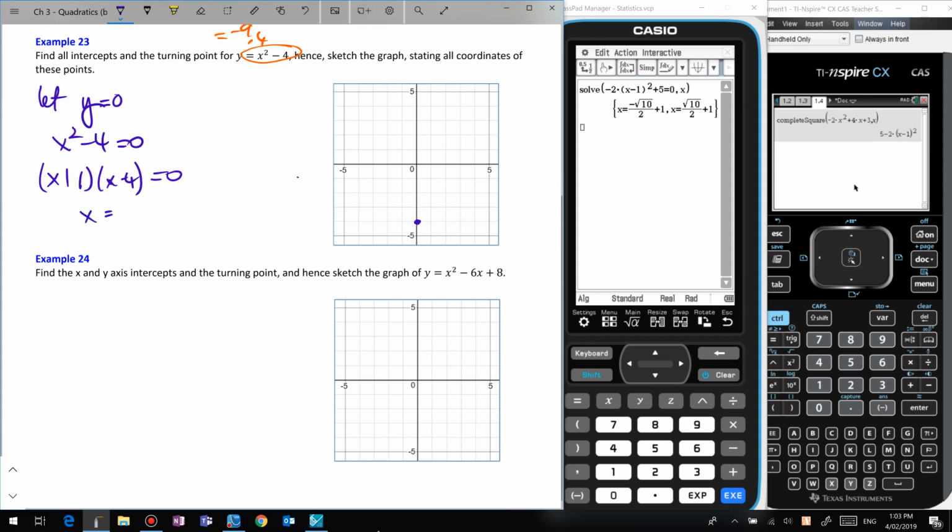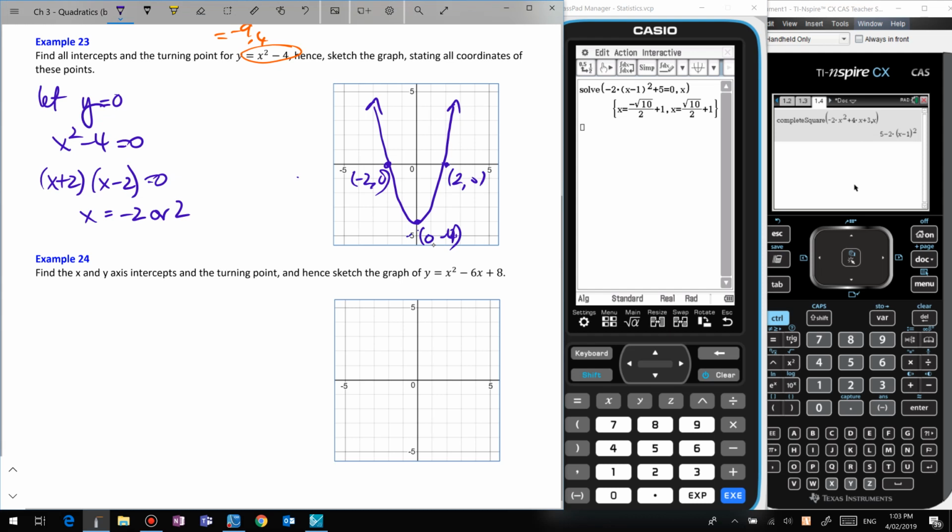That's x plus 2 and x minus 2. So x equals negative 2 or 2. So there's our graph. And then 0, negative 4.